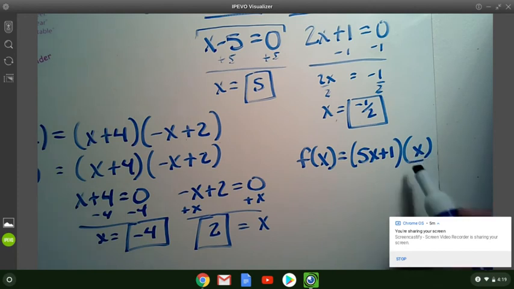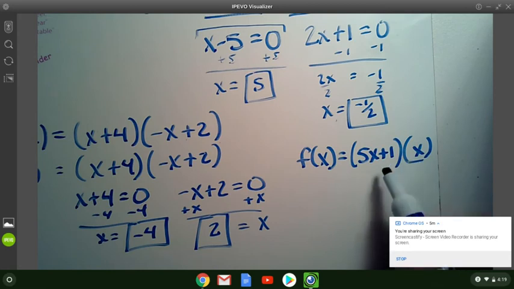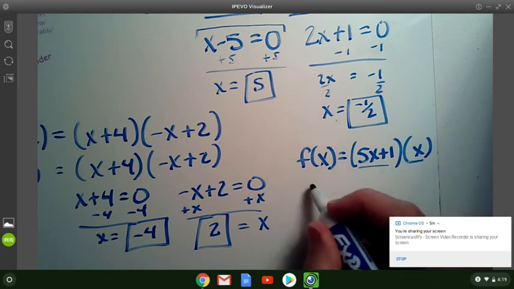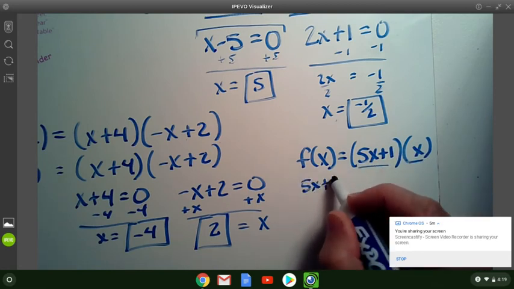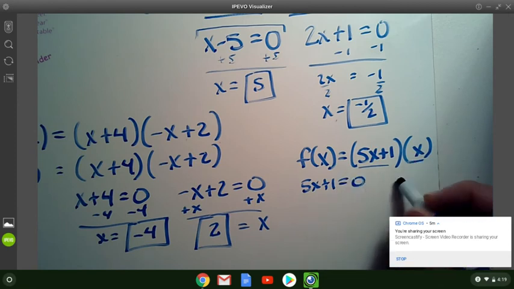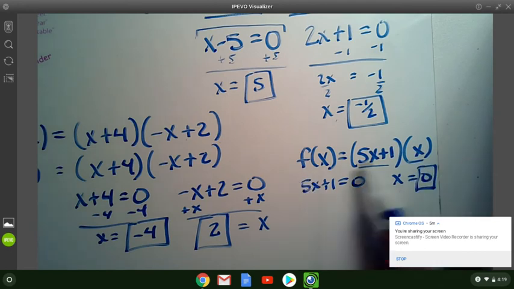We don't usually write in parentheses, but it can happen like that. That is one of the factors. This is the other one. So we're going to say 5x plus 1 equals 0, and then x equals 0. Well, solving this one for x is kind of nice. X is by itself. So if x equals 0, that would make that function be 0 for the y value. That's a 0 of the function.